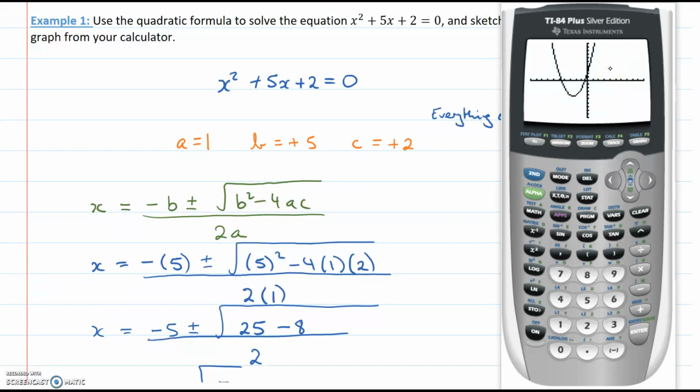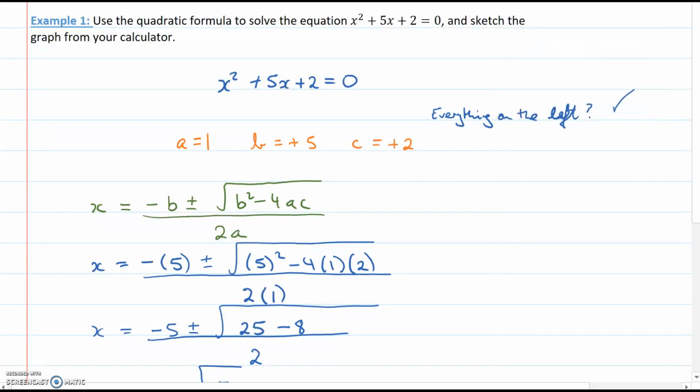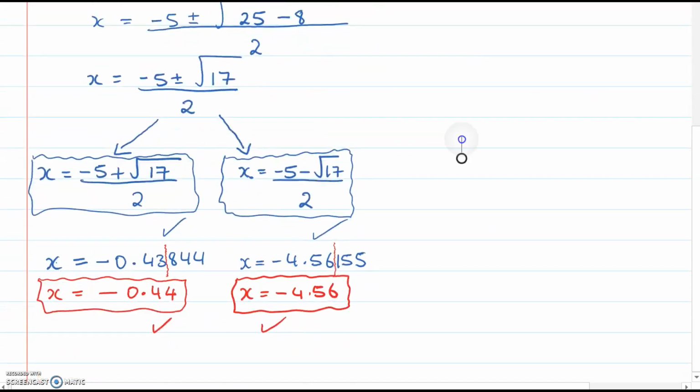We can use the zero command, or the way we looked at earlier, which is probably a little easier: second calc 5, and enter, enter, enter. Okay, so negative 0.43844. That's here, where the graph crosses the x-axis. And that was our first answer.